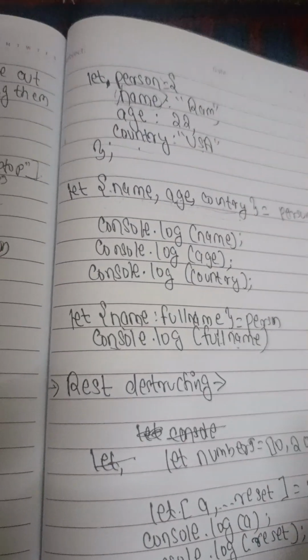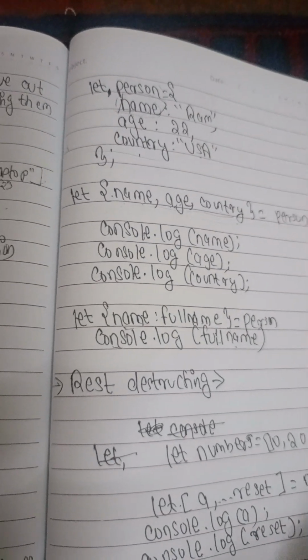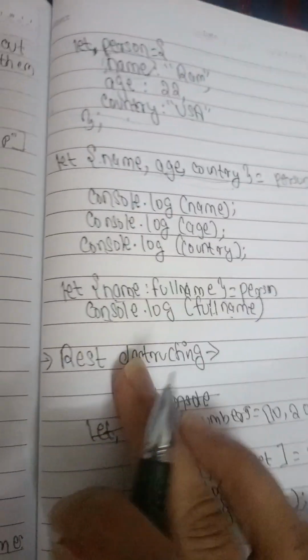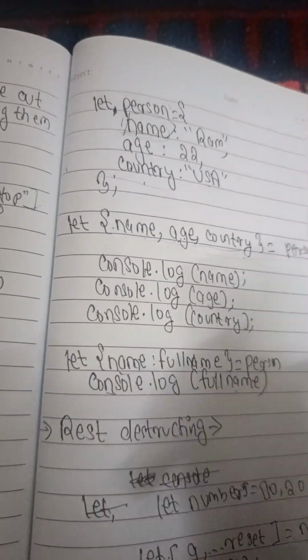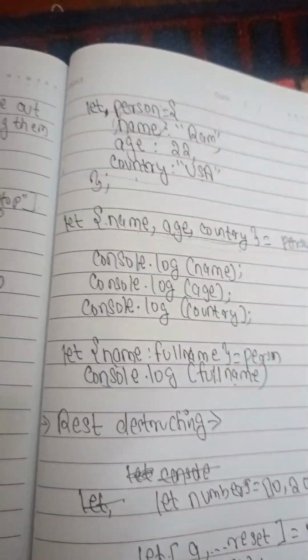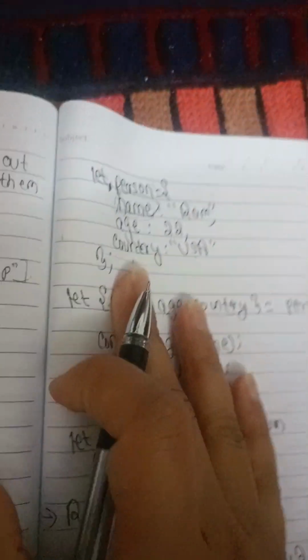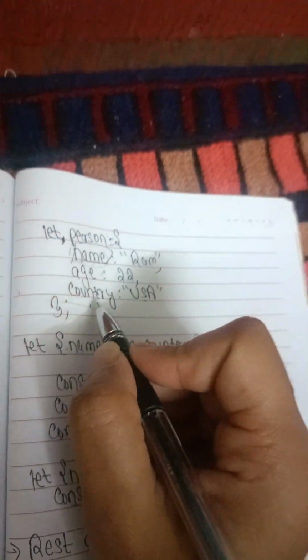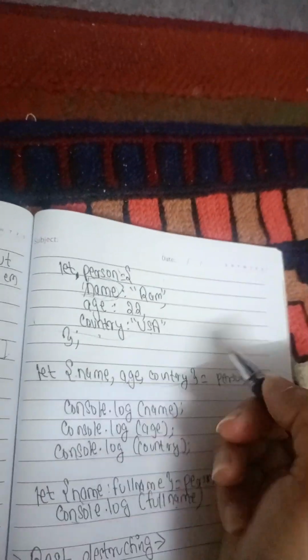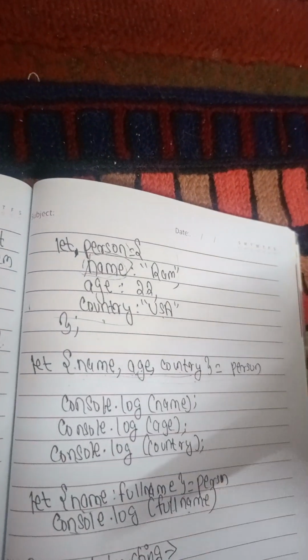And default values: if a property does not exist, you can provide a default value. So what does that mean? Here I have provided a name and age, but I have forgotten to put a country, so I can put in a default value.